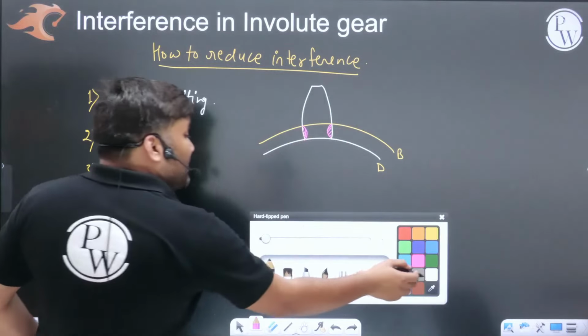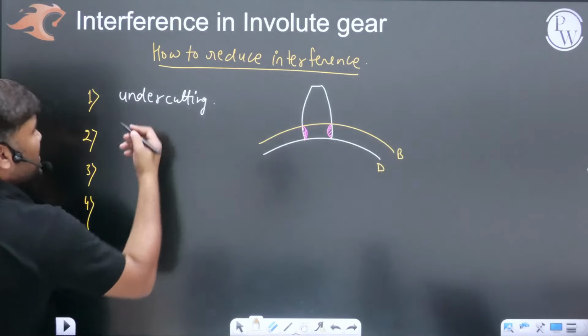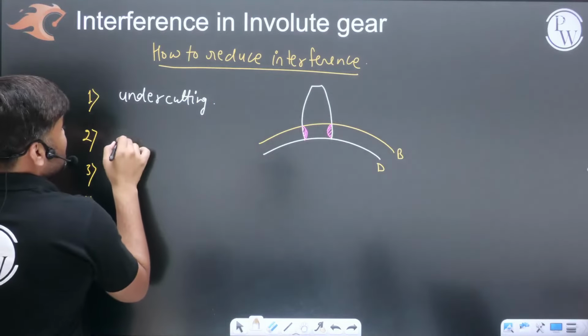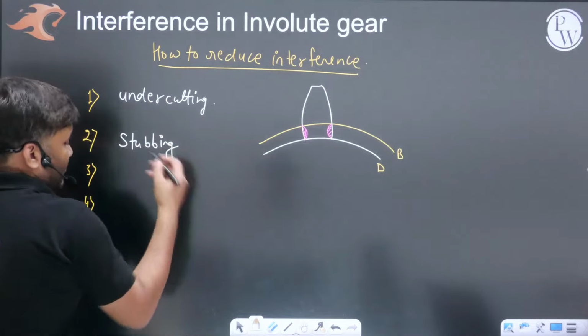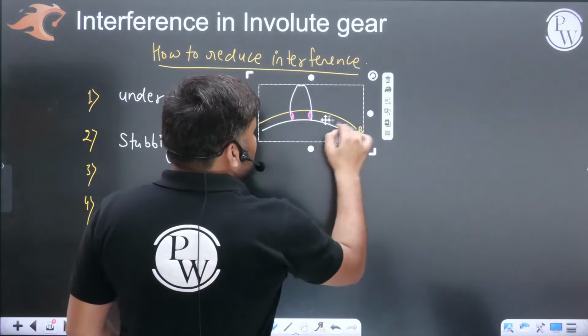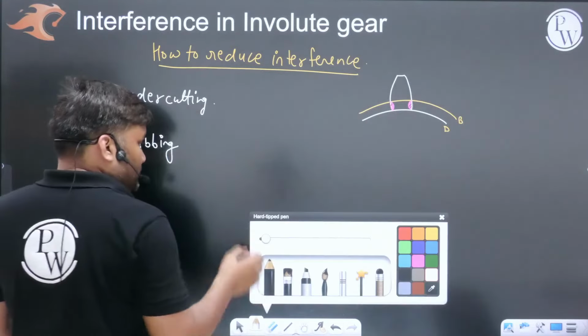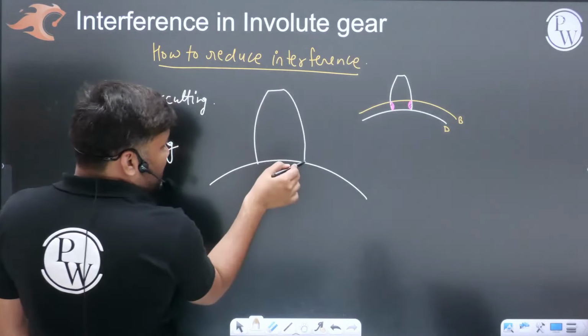Another suggestion was made by another student, that bhaiya, we can do stubbing also. What is the meaning of stubbing, beta? Stubbing means, sir, you have these large heavy teeth, and these teeth are going to enter that zone where interference is going to happen.